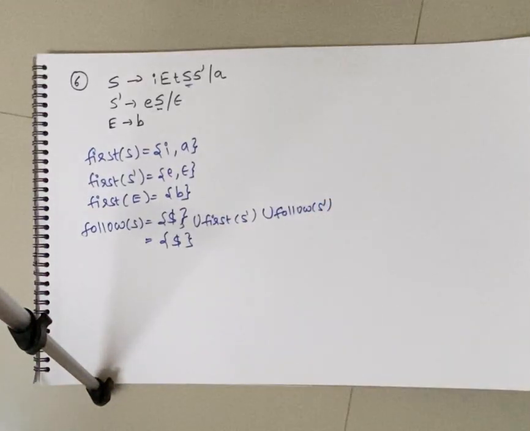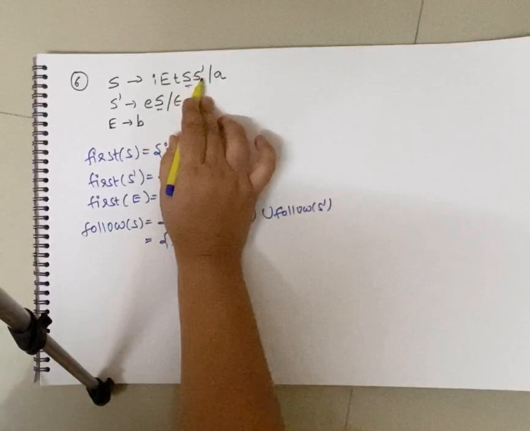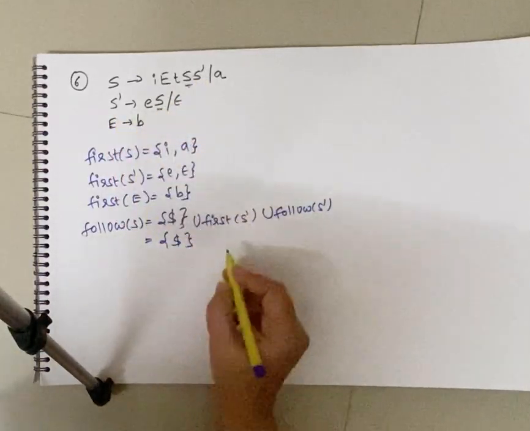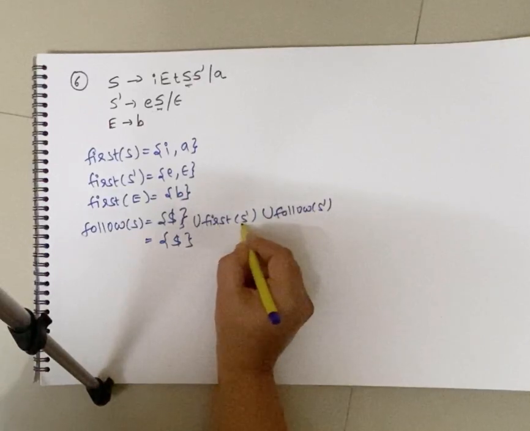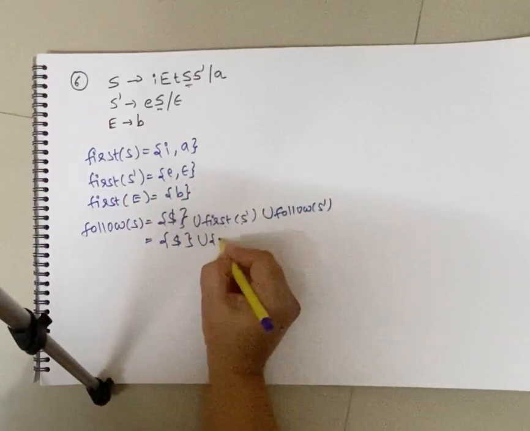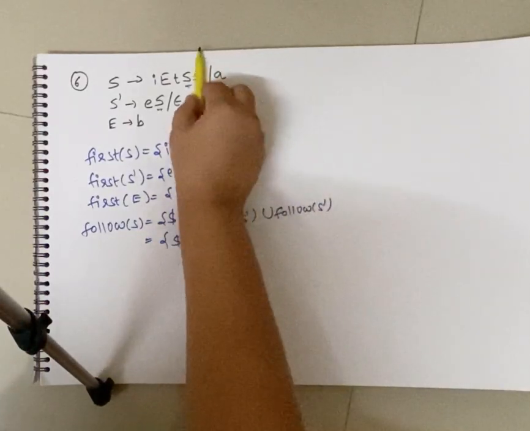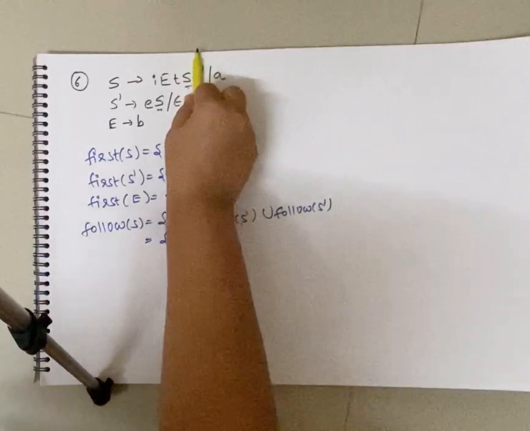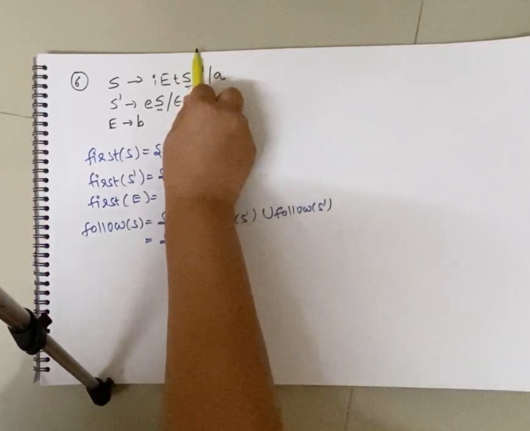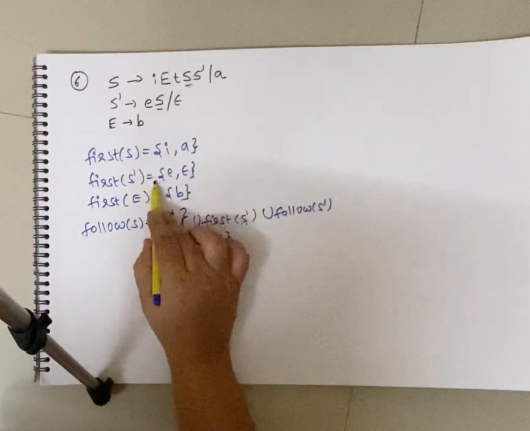S dash also. There are three things we are going to consider over here. According to this rule, follow of S is first of S dash. According to this rule, follow of S is follow of S dash. First of S dash contains small e and epsilon. If you replace S dash by epsilon over here, after S you have nothing, so follow of S is going to be follow of S. I repeat, first of S dash contains e and epsilon.